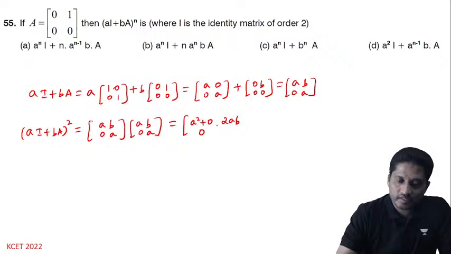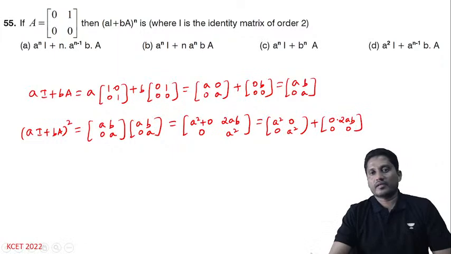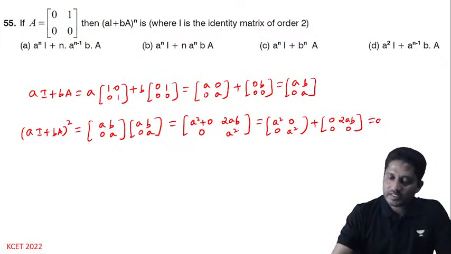Second row second column is A square. Okay, so that's equal to A square 0 0 A square plus this is 0 2AB and 0 0. You add, you get back the same thing. So this can be written as A square into I plus 2AB into A.